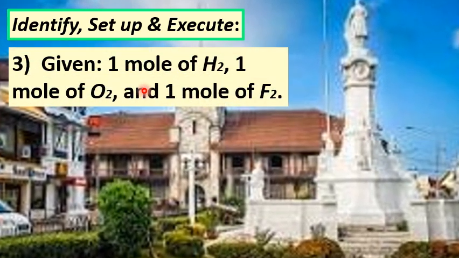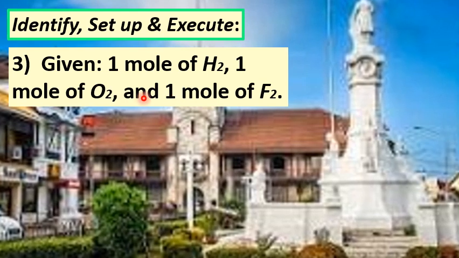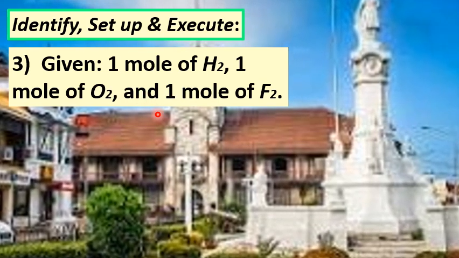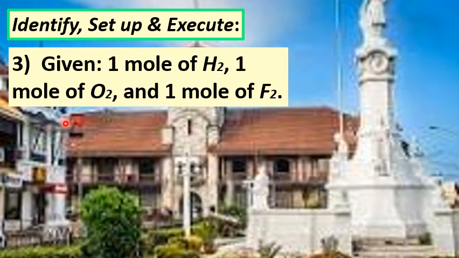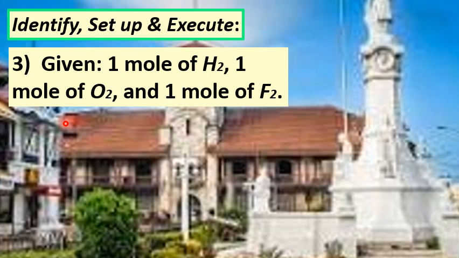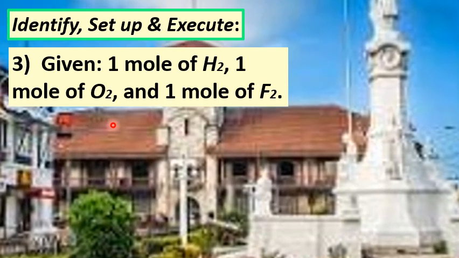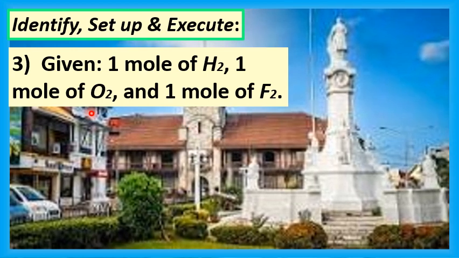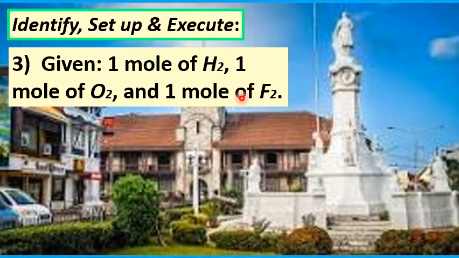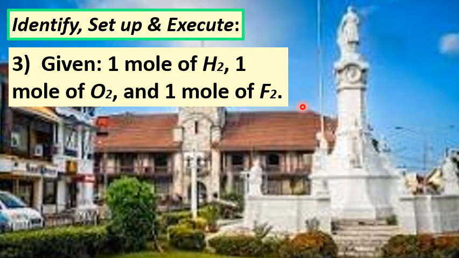For question number 3, we are given 1 mole of each of the gases: hydrogen, or H2, oxygen, O2, and fluorine, F2. Notice that these gases are all diatomic gases.